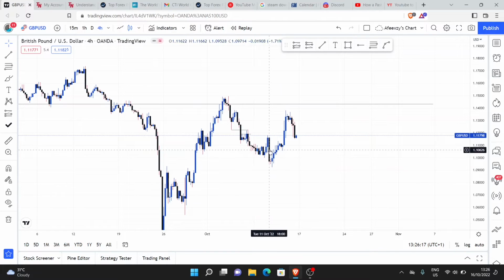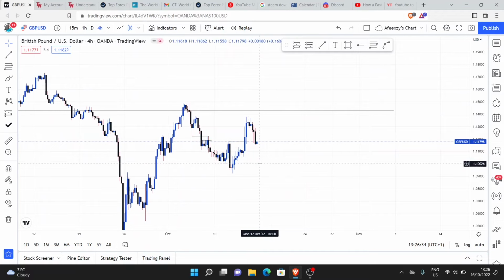The GBPUSD was quite ranging last week. As far as I'm concerned, it was ranging mostly, and here you can see there was a change of structure before the week ended, and here some kind of grab of liquidity happened before the change of structure.